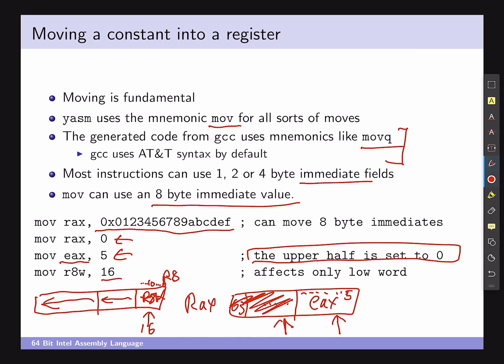Unfortunately, if you alter simply a word, the lower order word, it will not change the higher order bits at all. This behavior of zeroing out the higher order bits, or zero extending, is exclusive to when you move or perform any kind of operation onto a 32-bit register. So it's very specific to acting on a 32-bit register. It's one of those things to keep in mind, and this is why it's important to practice using GDB so that you can check what is actually happening with these registers as you perform your calculations.